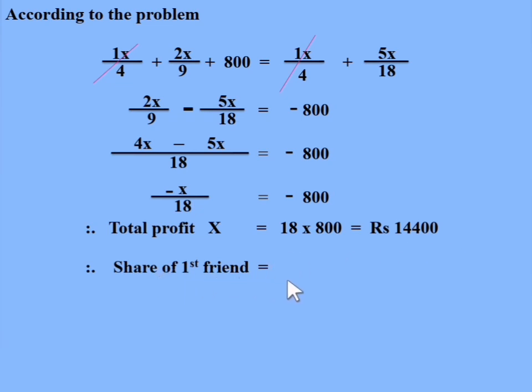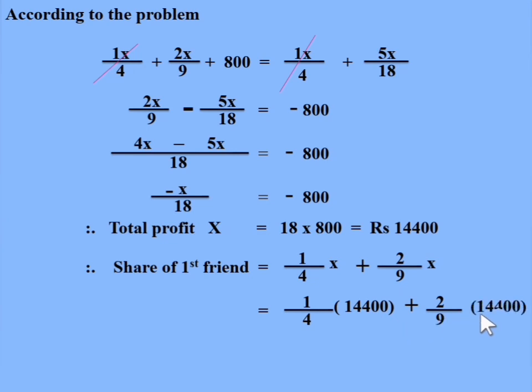Therefore the total share of the first friend is equal to 1 by 4x plus 2 by 9x. Putting the value of x, so the value of x is 14,400, 1 by 4 into 14,400 plus 2 by 9 into 14,400.